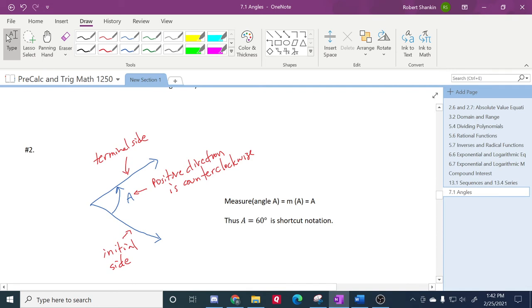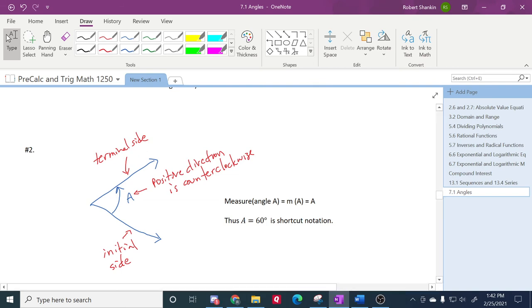The positive direction of any angle is counterclockwise. A clock moves the other direction. The angle is a little bit different than the measure of the angle.